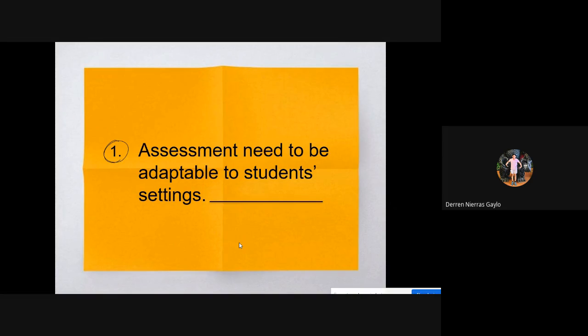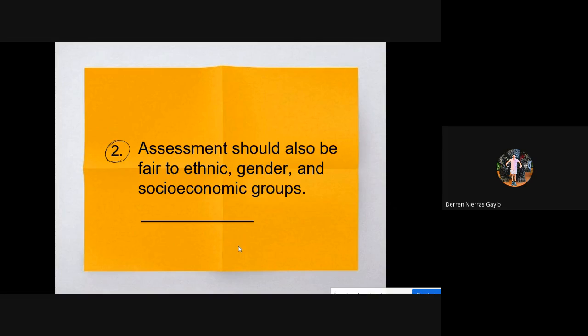Number two, assessment should also be fair to ethnic, gender, and socioeconomic groups. When you say fairness, it is more on assessment to be technically sound. The answer here is technically sound.